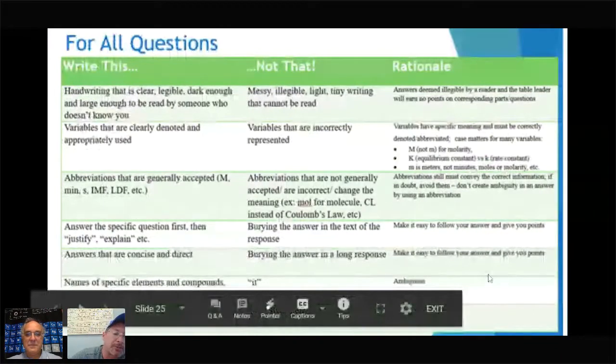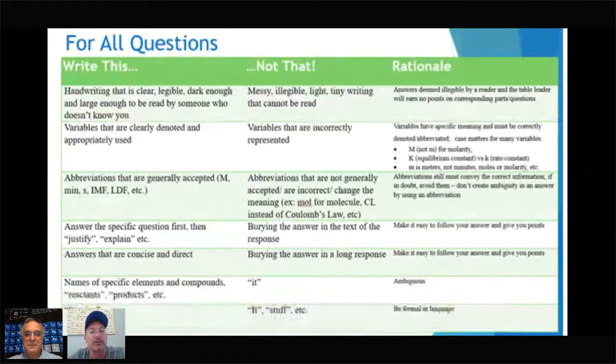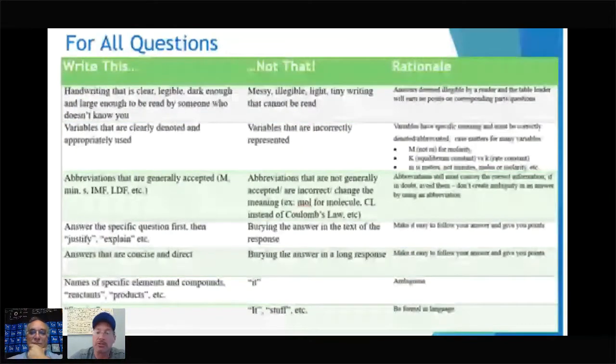If you're talking about the reactants, if you're talking about the products, try not to use the word "it," because it is going to refer to the last noun that you just talked about, and a lot of times it is not what you're trying to talk about. If you're talking about iron, say iron. But if you're talking about iron to an iron positive ion, you need to mention that, okay? They're two different things.